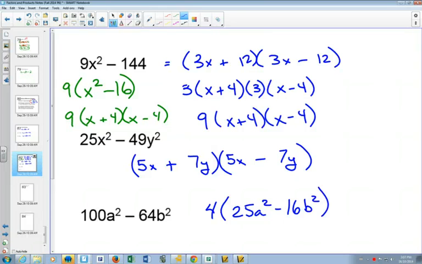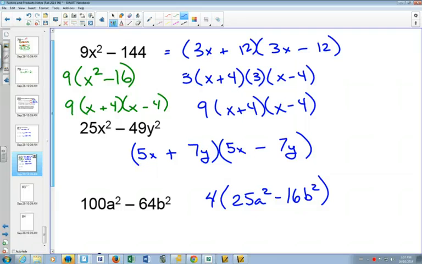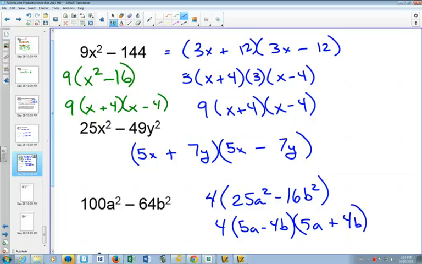So if you pull out the 4 first, then you have a difference of squares here: 5a minus 4b, plus 4b. If you factored it directly, which most of you did, you went first 10a minus 8b, plus 8b.